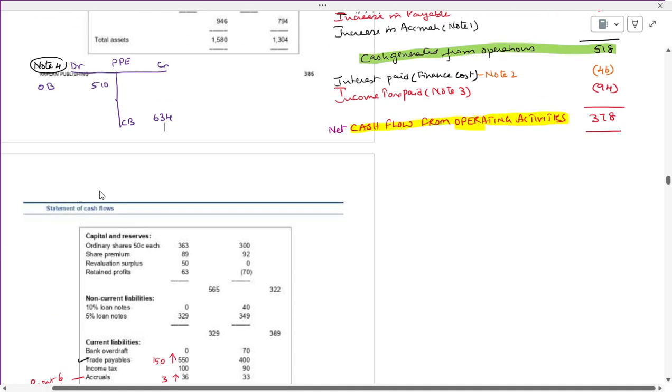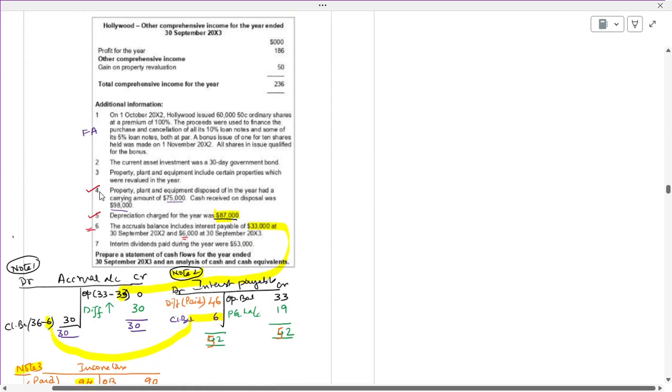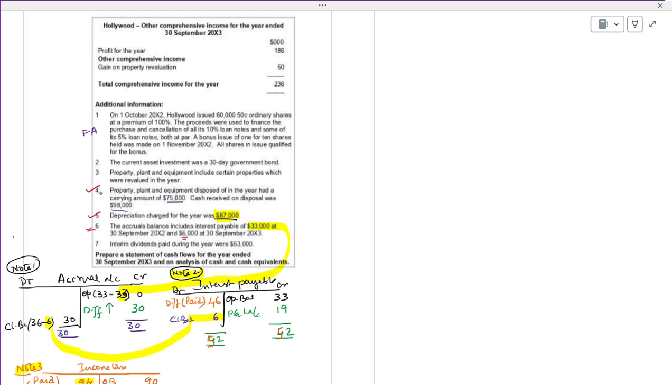Now, you go one by one. In the note, what have they said? They have said that they have sold it, point number 4. They have sold it for 75.